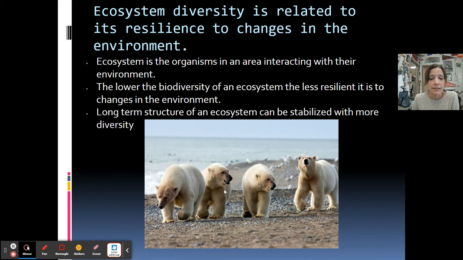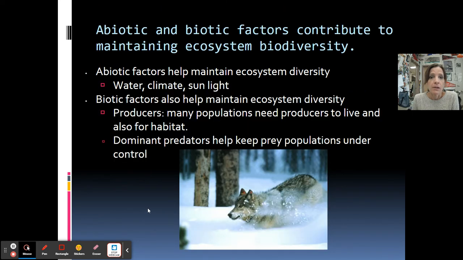So if you are a scientist and you're trying to stabilize, let's say, the polar bear population, then you could add biodiversity to it. All right, so abiotic factors and biotic factors can help maintain ecosystem biodiversity. Abiotic factors would be, again, not living.